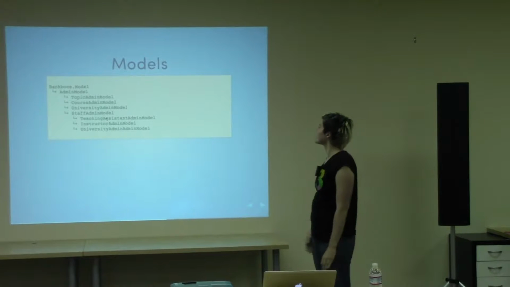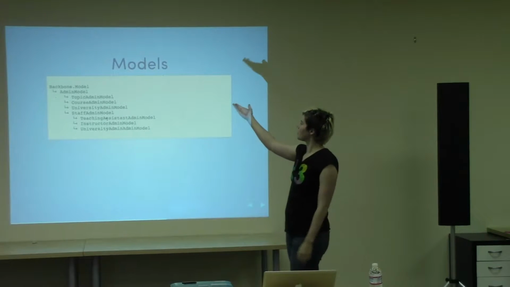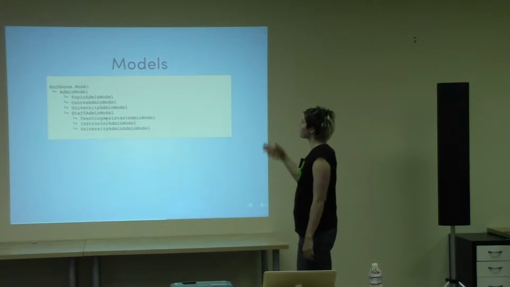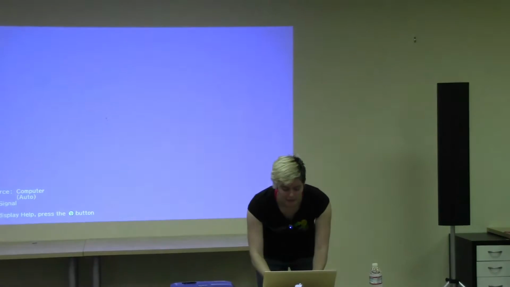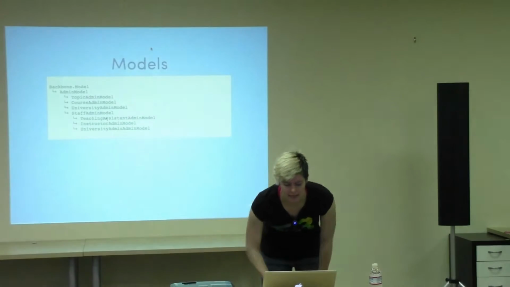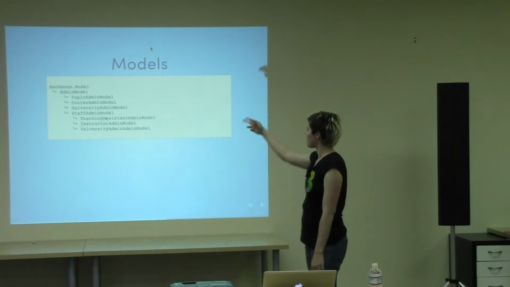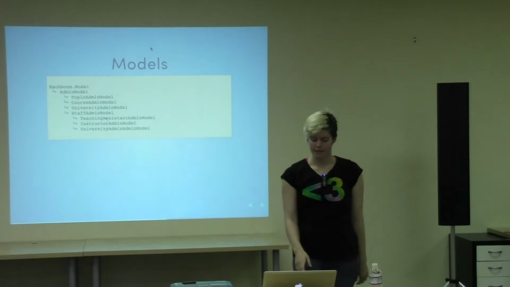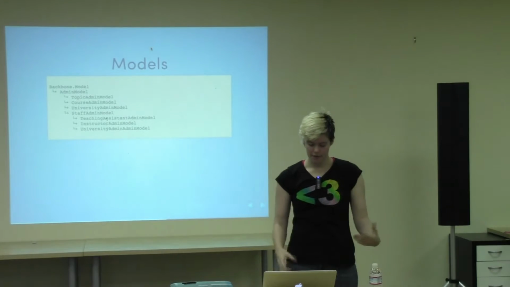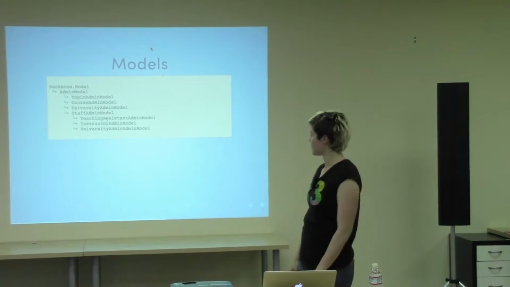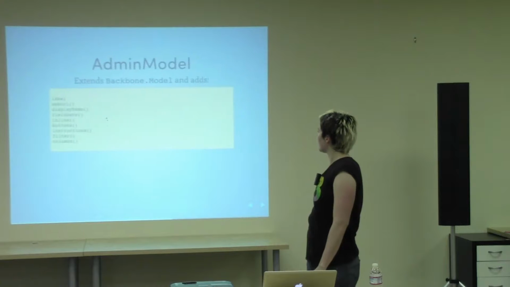So here I try to be very proper. We have admin model, which extends Backbone model, and then we have a bunch of model classes that extend that. And even staff admin model has 3 classes subclassing that, just so they can share a set of methods and properties.